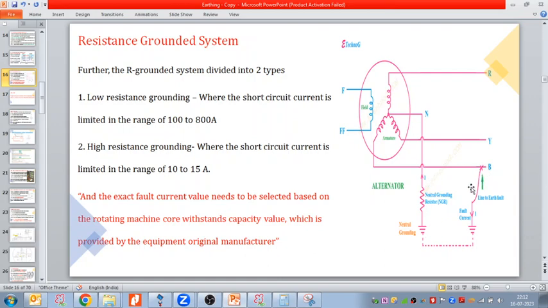So here if a fault occurred, a line to ground fault occurred, the fault current flows to the ground, and then it flows through the mass to the earth, right?